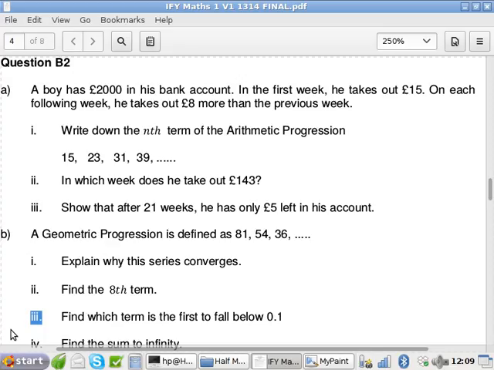But important is that you try. Just like a hint? Okay, a hint. That will be later in the answer. You want to know when the terms will be less than 0.1. So you could find when it will be 0.1, and since it's decreasing, then you know the next term will be less than 0.1. You could do it that way. But you will need logs for this as well.